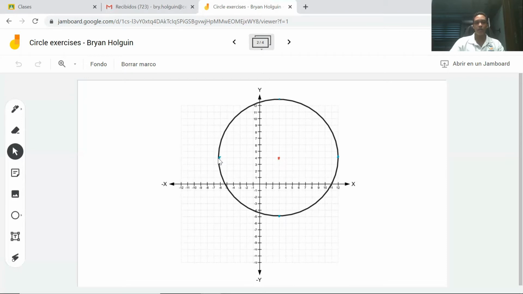And we now have 4 dots around this center, and we connect each dot until we get this perfect circle around this center.